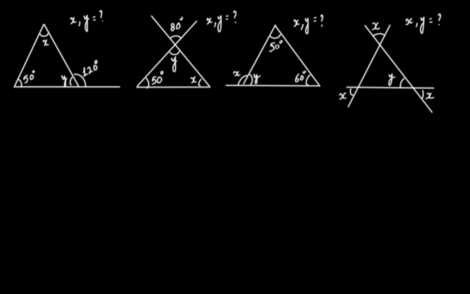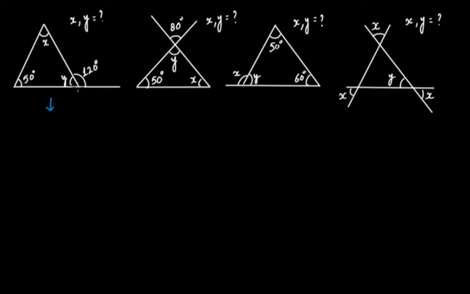So if you solve this one, you have to find the value of x and y. If you straight jump to angle sum property, that is 50 plus x plus y equal to 180 degree, you can see that you have two variables here. So first you need to find one variable.